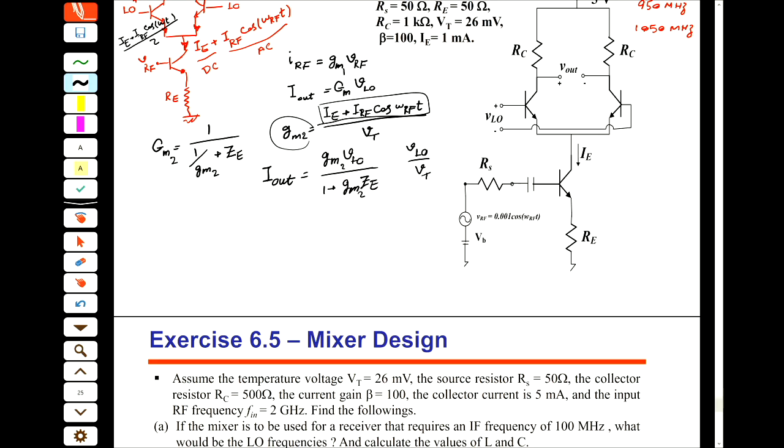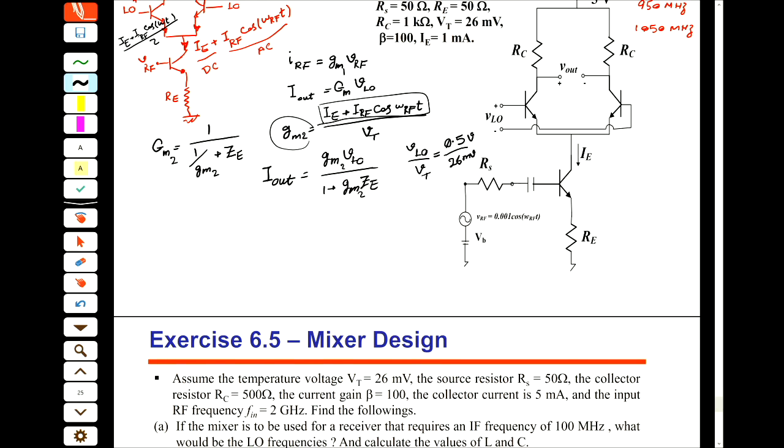So we have two factors, VLO, and this VLO is 0.5 volt, and this VT is just 26 millivolt.